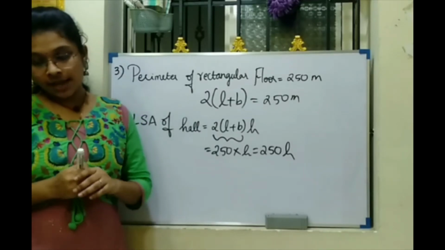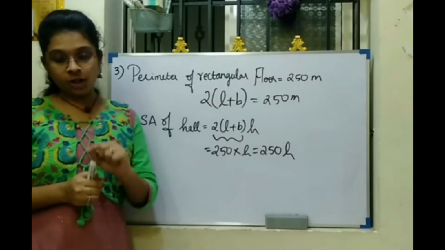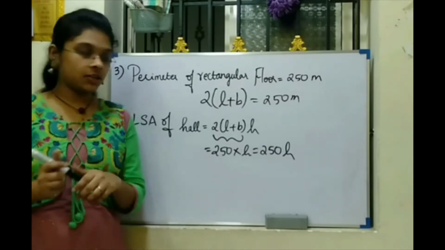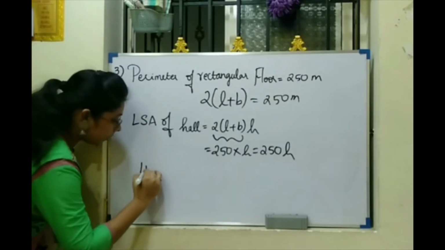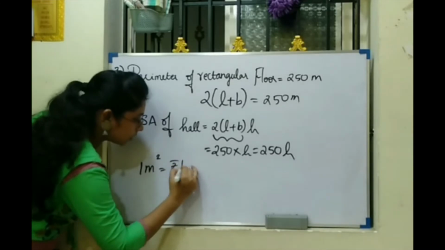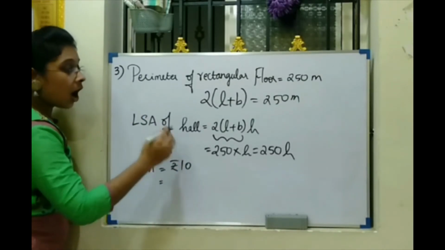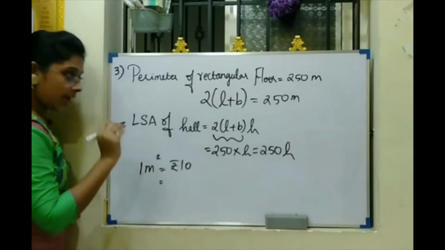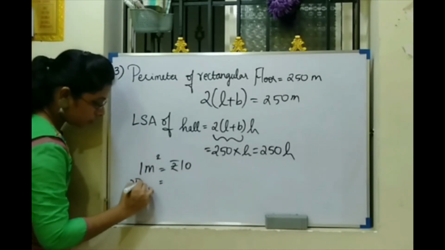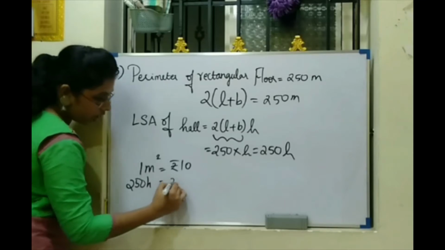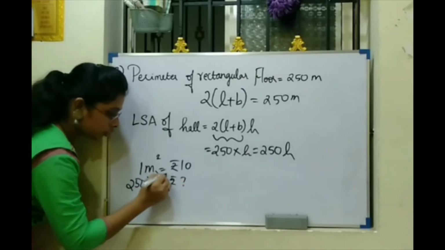In the question they have given that the cost of painting the four walls is at the rate of rupees 10 per meter square, that is 1 meter square is equal to rupees 10. Then how much will it be for 250 H meter square? So we have to cross multiply.